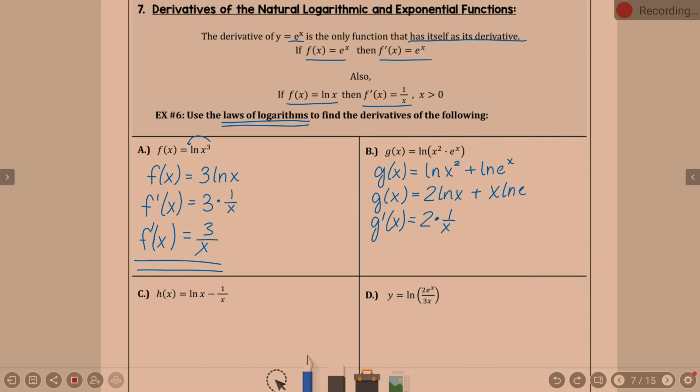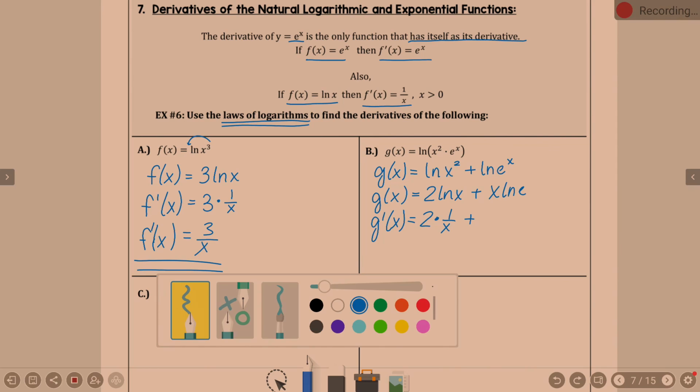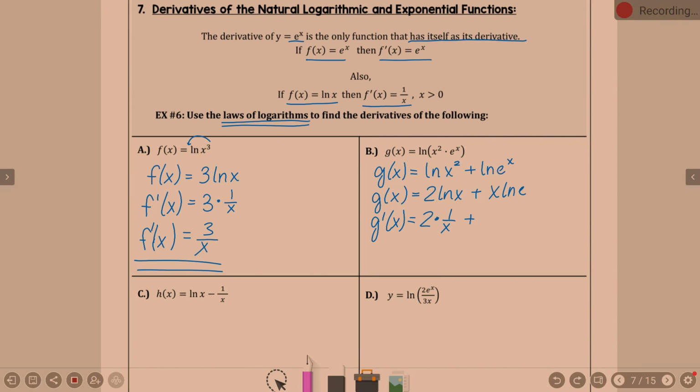Plus, okay, guys, on this one, what is the natural log of e? 1. Natural log of e is 1. So what am I really taking the derivative of here? 1x.